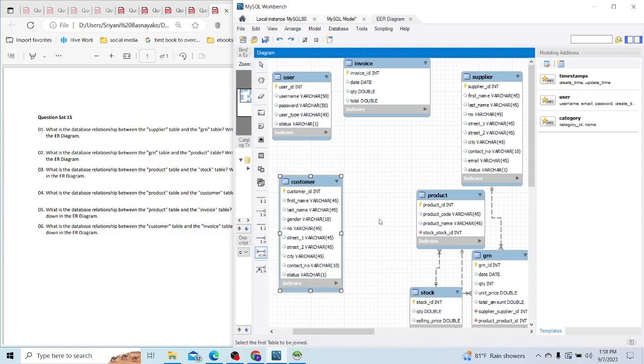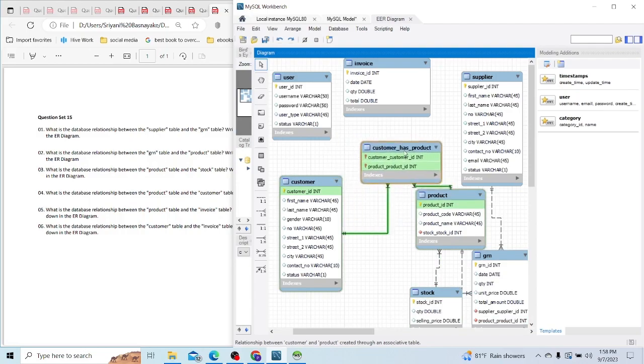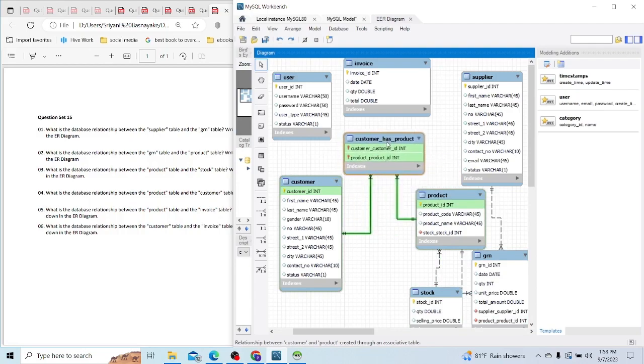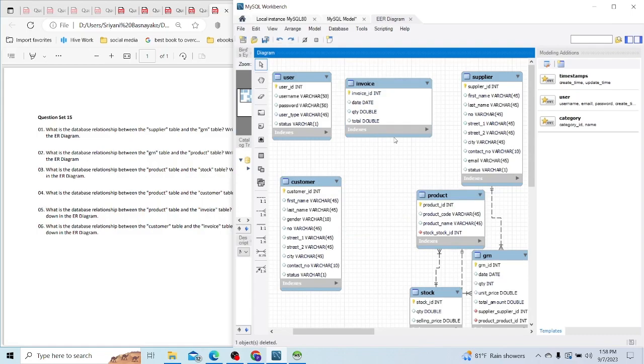But if I create a many-to-many relationship between customer and product table, that will give an extra table to us, like this: customer has product. This extra table can be called invoice. It records the product sold and the customer who has taken it. So it's basically the invoice. But we have already created invoice here. So we need to connect this customer and product table to the invoice. So we delete this table and we'll connect.